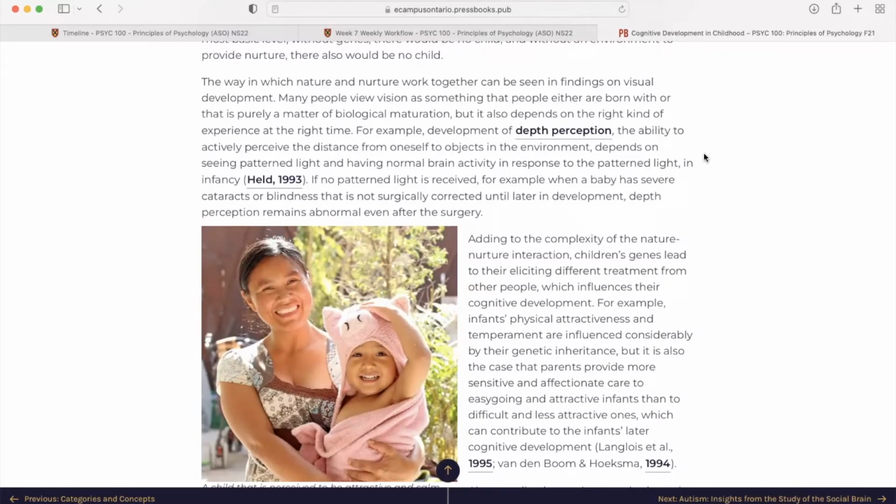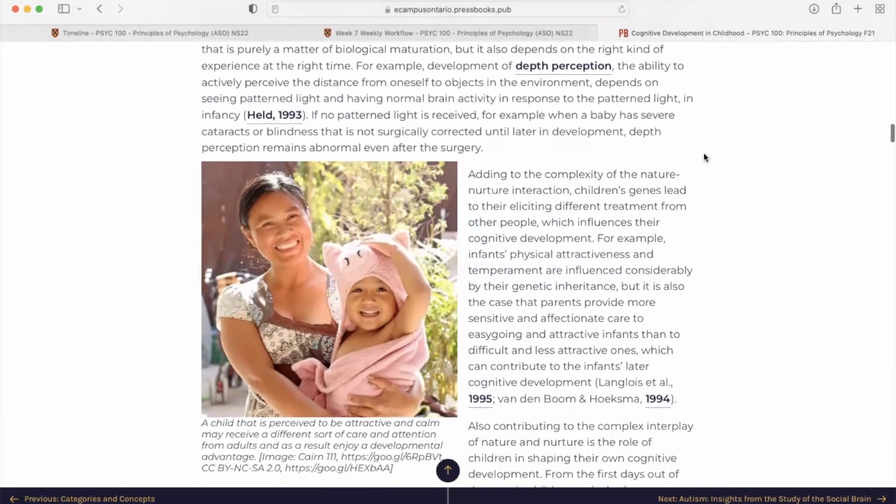For example, development of depth perception, the ability to perceive distance from oneself to objects in the environment, depends on seeing patterned light and having normal brain activity in response to the patterned light in infancy. If no patterned light is received, for example, when a baby has severe cataracts or blindness that is not surgically corrected until later in development, depth perception remains abnormal even after the surgery.